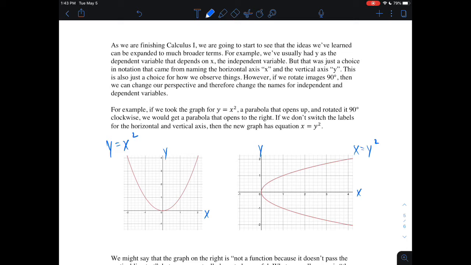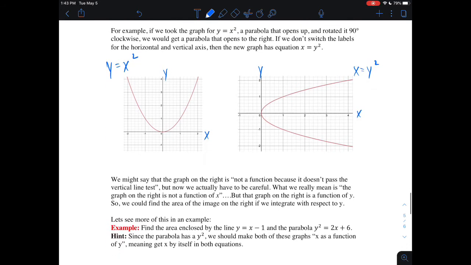You might have learned this in algebra when you talked about parabolas or circles and hyperbolas and ellipses, that you can have them orientated in any way. We might say that the graph on the right is not a function because it doesn't pass the vertical line test. But we actually have to be careful at this point.